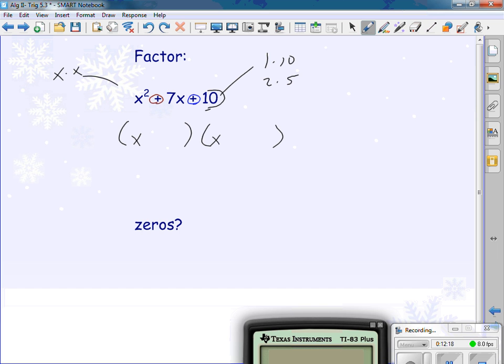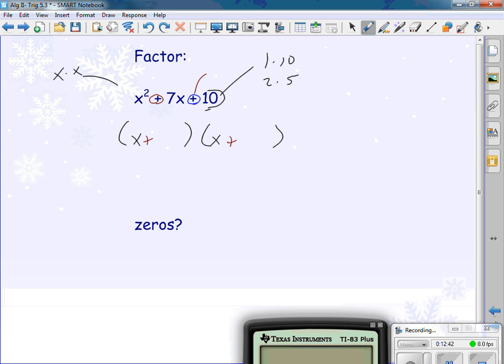Positive. Can I ever put 2 negatives together and get a positive? -5 and -2 is -7. 2 negatives put together adding are always going to give me negatives. So I need 2 signs that are the same, and they both have to be positive.